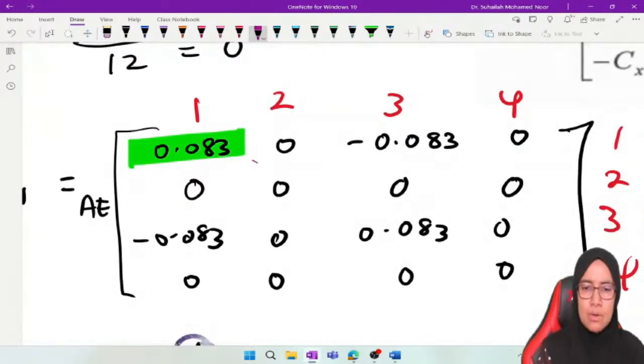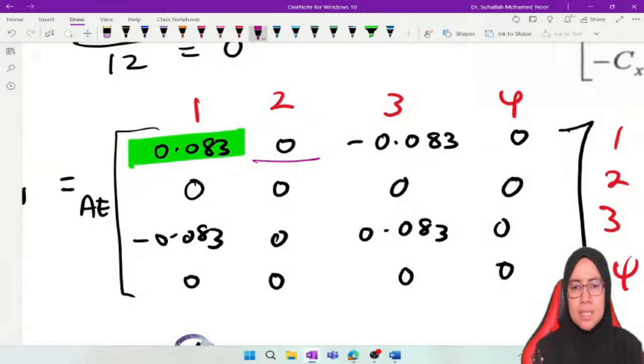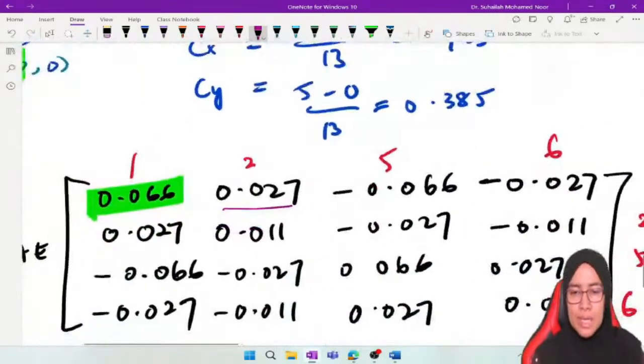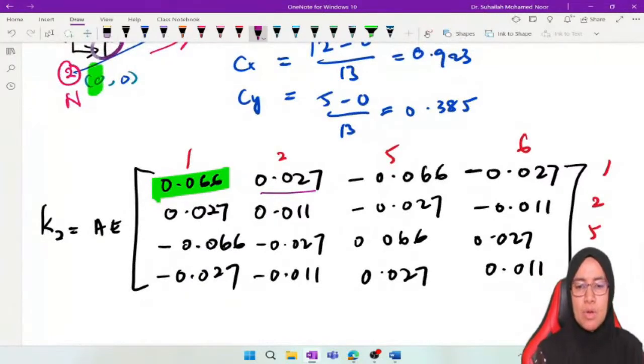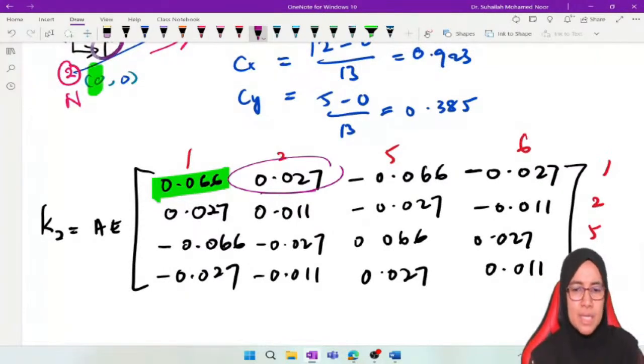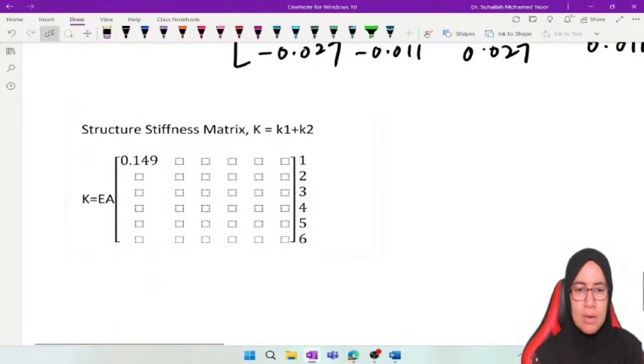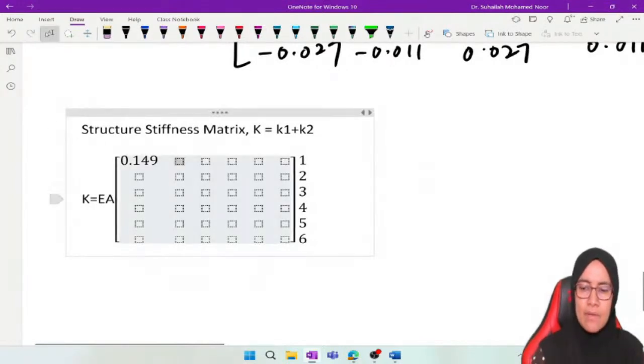Okay, 0. 1,2 in K1 is 0 and 1,2 in K2 is 0.027. So the value is 0.027.